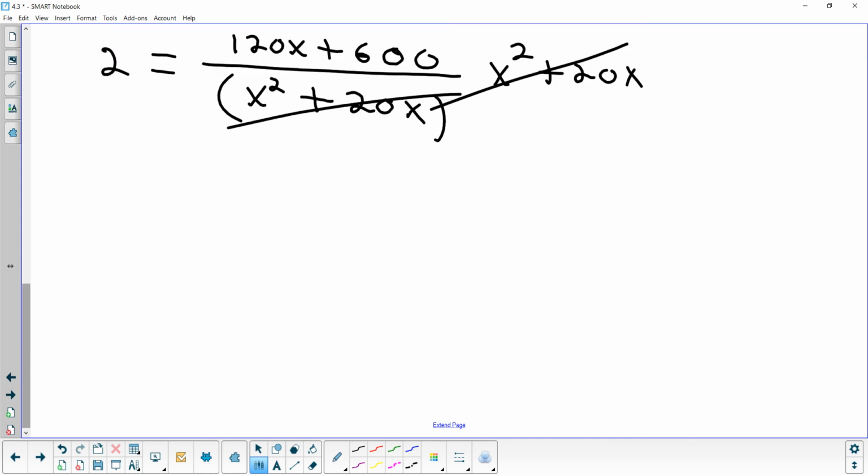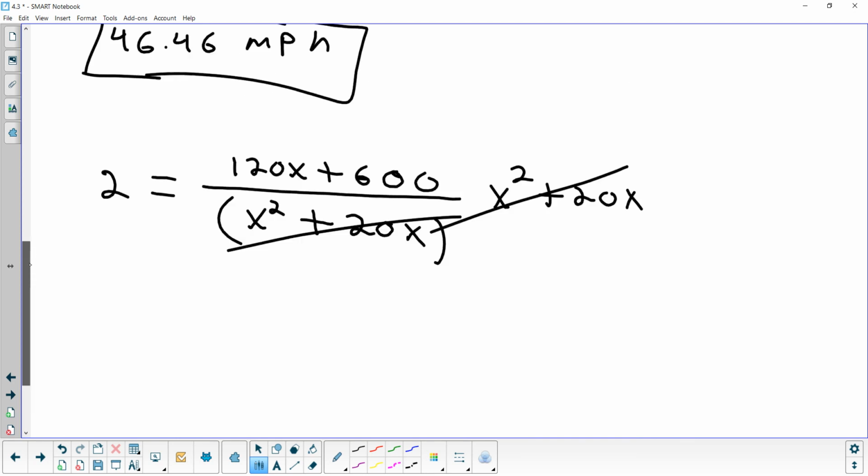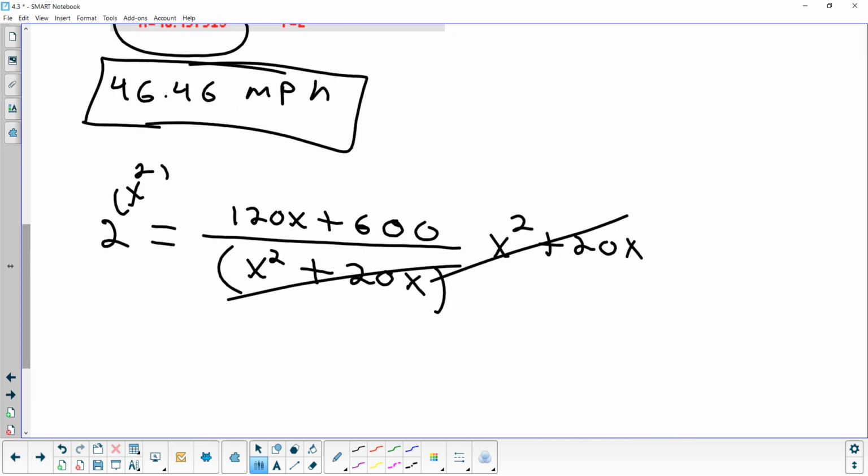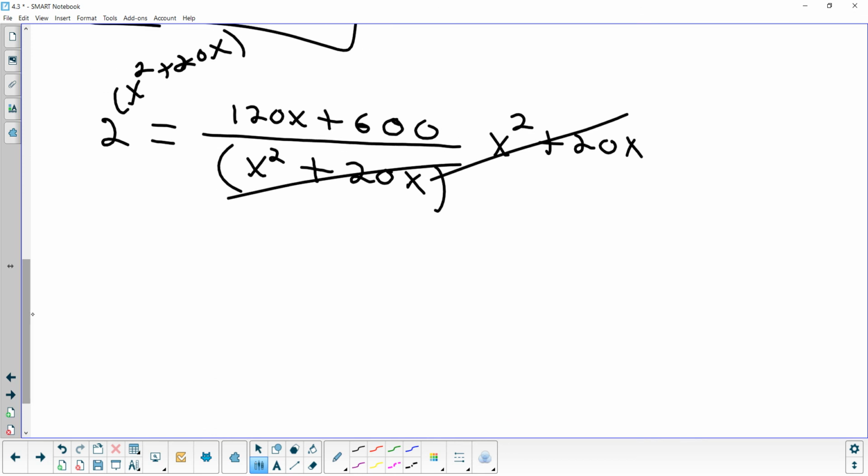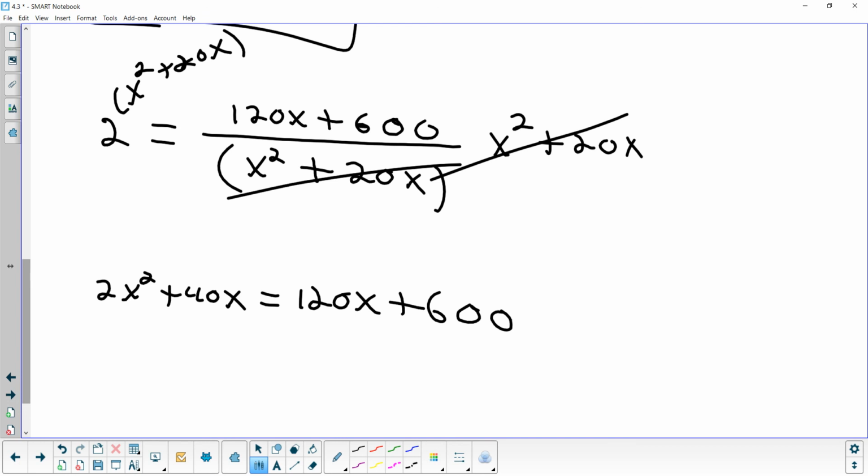That cancels the fraction, and on the left, by the distributive property, 2x squared plus 40x equals 120x plus 600. Now, what kind of equation is that? If we bring everything to one side, it's just a quadratic.